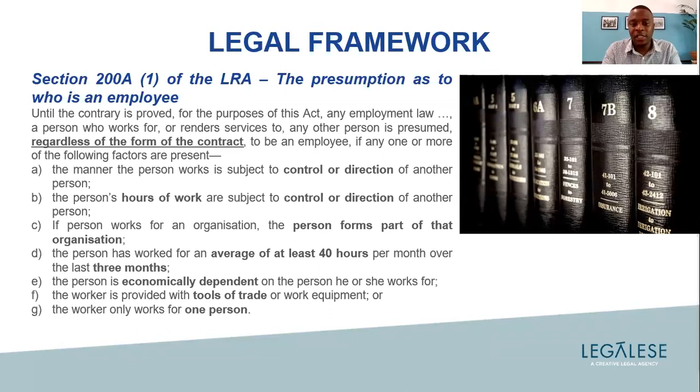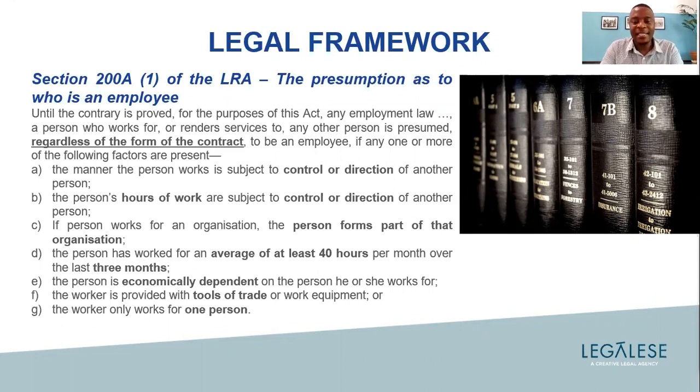So if you allege that you're an employee, these are the things you can put forward to prove that you are an employee, and hence you will have a prima facie case.